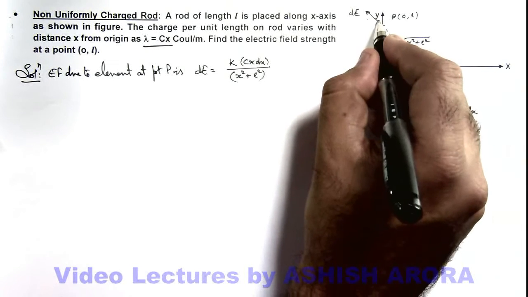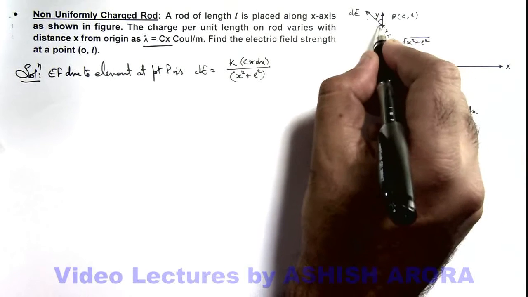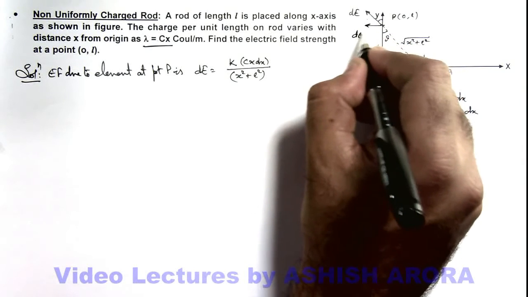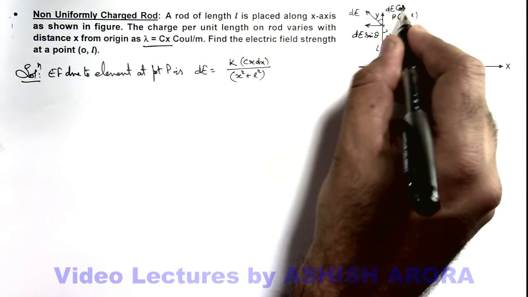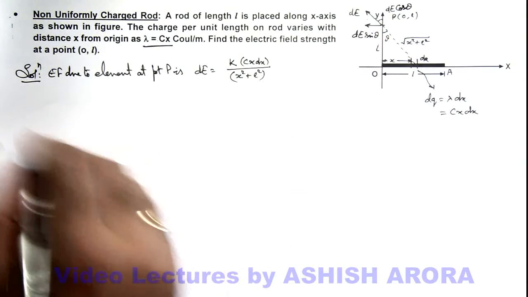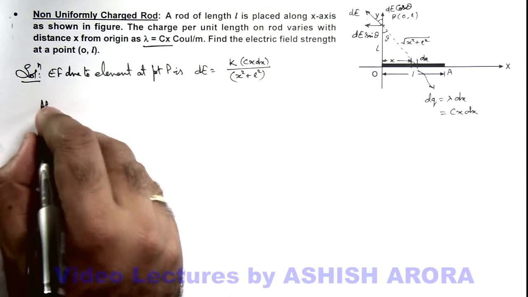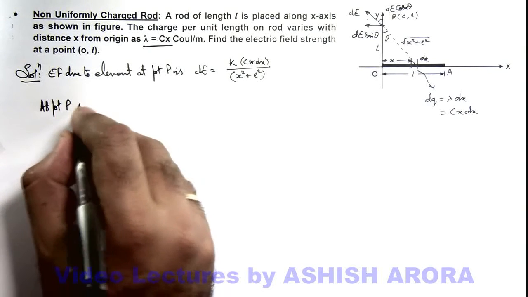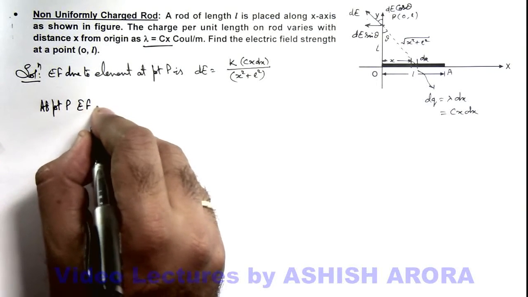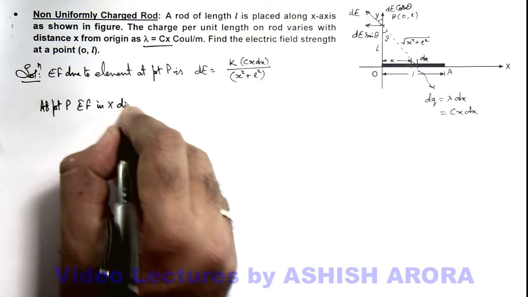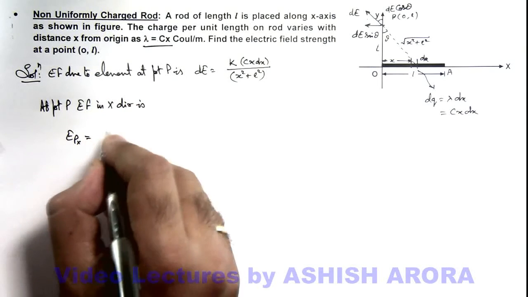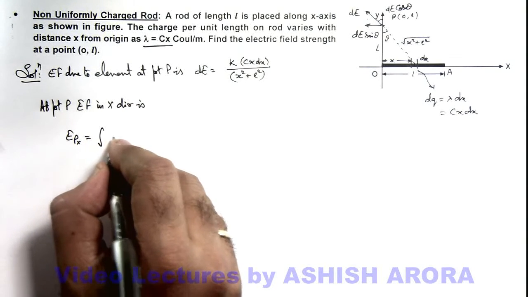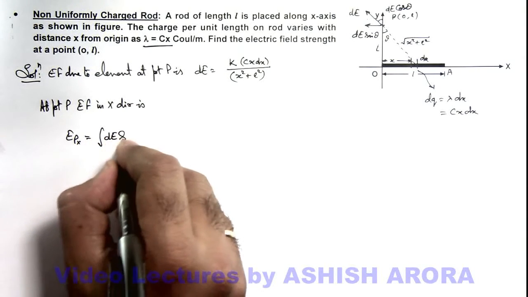And here, if this angle is taken as theta, the field will have two components. One is dE sine theta and the other is dE cos theta. So here we can directly write that at point P, the electric field in the x direction is the integration of dE sine theta.